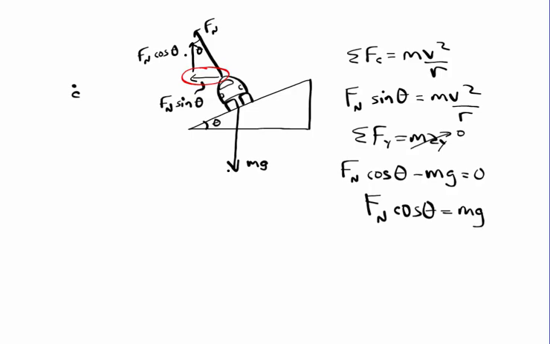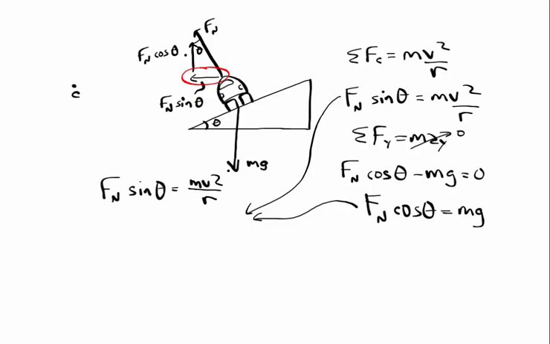Now, if I were being asked to solve for something that didn't involve the normal force or the mass, I could combine this equation and this equation by dividing the two. I'm going to take Fn sine theta equals mv squared over r and divide it by the other equation. So I'll have Fn cosine of theta and mg.